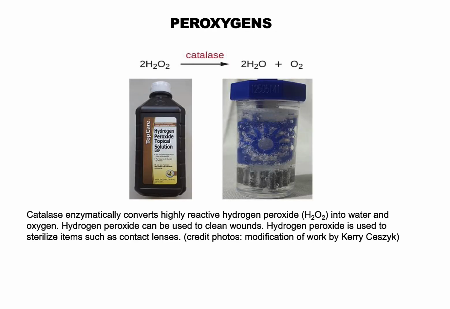Peroxygens are powerful oxidizing agents commonly utilized as disinfectants and antiseptics, with hydrogen peroxide being the most prevalent. This compound is often employed in solution form to disinfect surfaces and can also be used in gaseous states. Hydrogen peroxide is a cost-effective skin antiseptic that decomposes into water and oxygen, making it environmentally friendly.